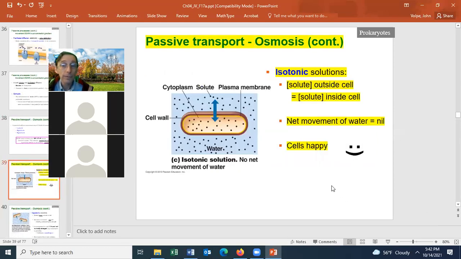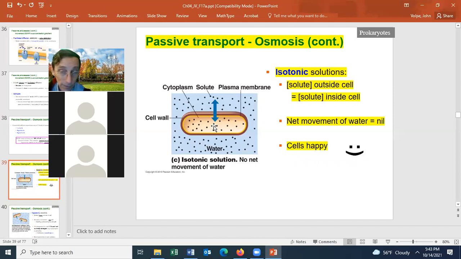All right, so if the cell is in an isotonic solution, the concentration of the solute outside the cell is equal to the concentration of the solute inside the cell. So that means there's no net movement of water into the cell.